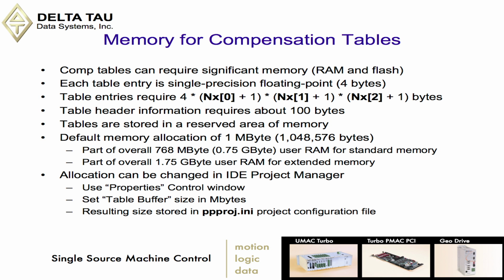And so we talked about that, and I won't go into all of the gory details here, and this is well described in the Power PMAC user's manual on using compensation tables, but you can calculate the exact memory required for a table by using the equation that we provide. The default memory allocation that the IDE sets you up for in Power PMAC is 1 megabytes worth of table.